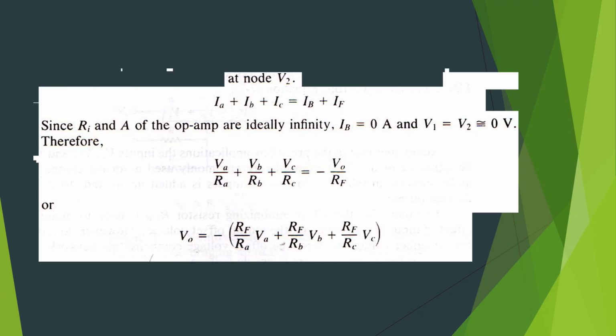Therefore, we can write VA by RA plus VB by RB plus VC by RC equal to minus V0 by RF. So from this, V0 equal to minus of RF by RA into VA plus RF by RB into VB plus RF by RC into VC.